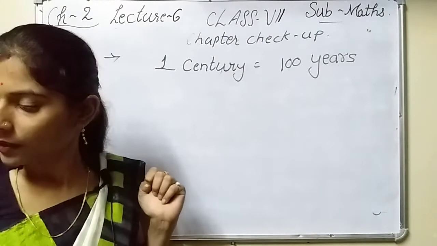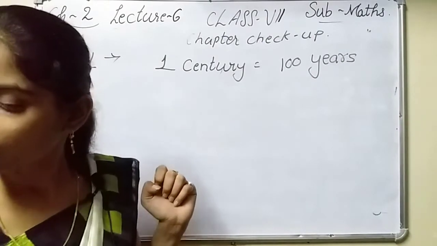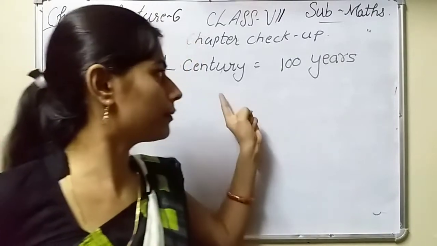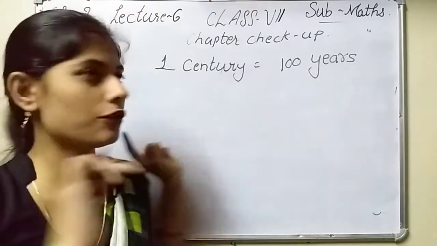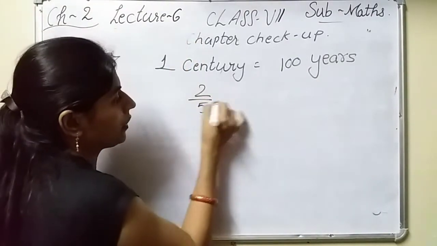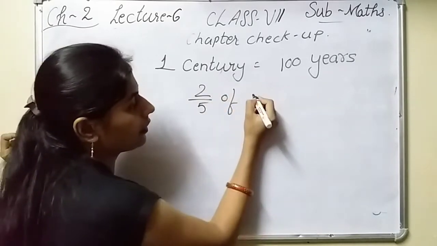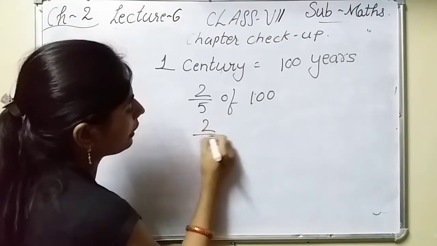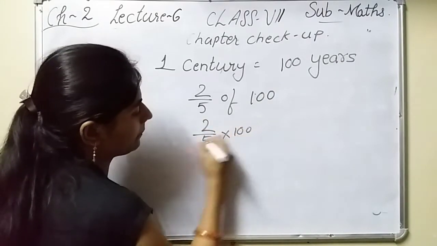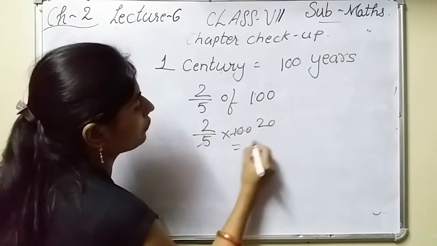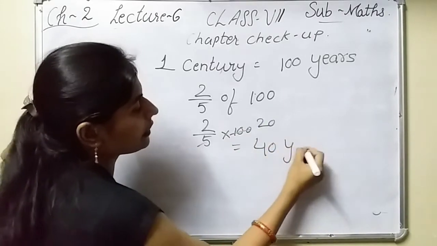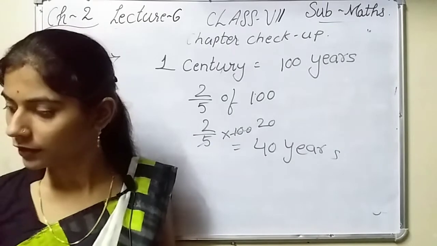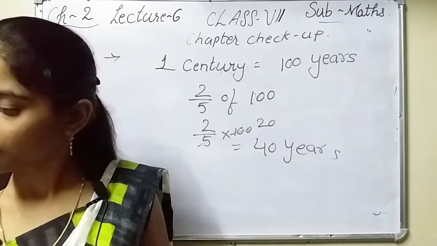Okay, now see what they are saying, how many months are there in 2 by 5 of a century. 2 by 5 of a century means 2 by 5 of 100 years. 2 by 5 into 100, 5 twos are 10, 0, 40 years. 40 years are there in 2 by 5 of a century.